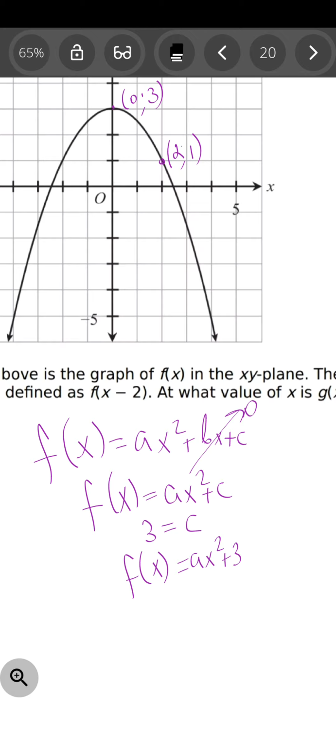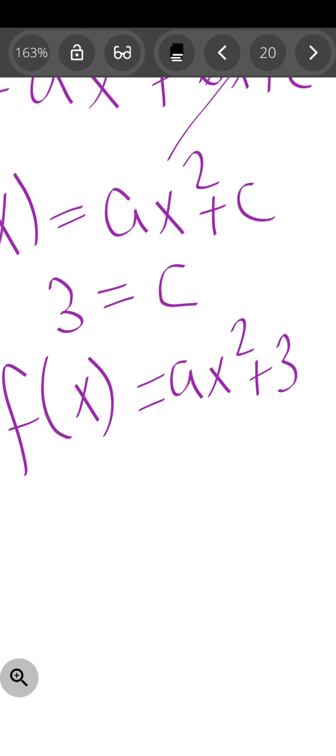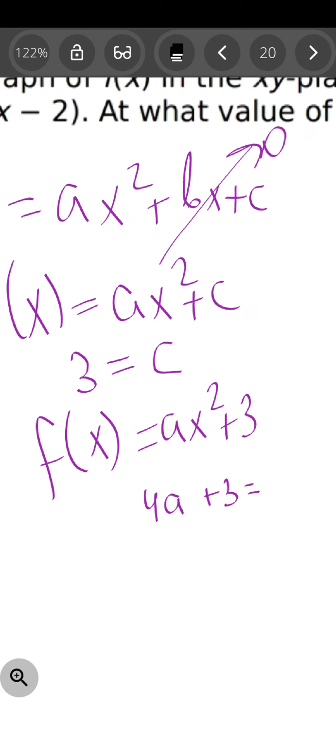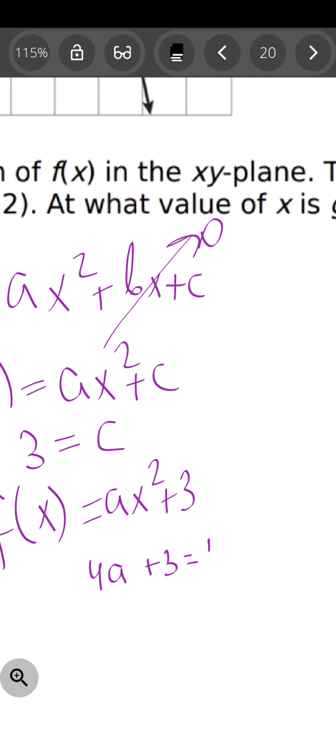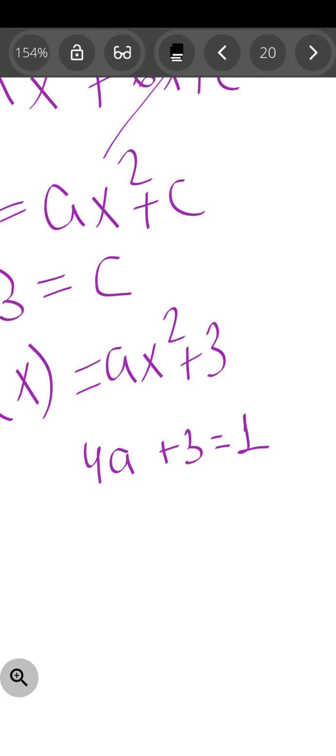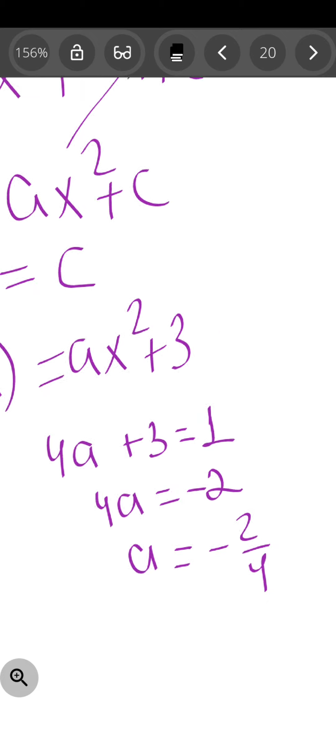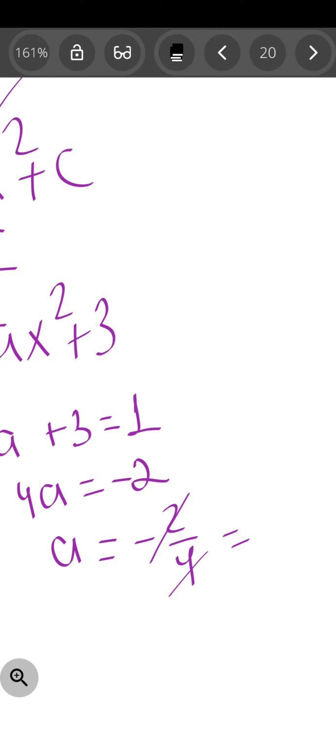And if we substitute 2 and 1, we get 4a plus 3 equals 1. If we subtract 3 from both sides, we get 4a equals -2. Dividing both sides by 4, we get that a is equal to -2 over 4, and it is equal to -1/2.